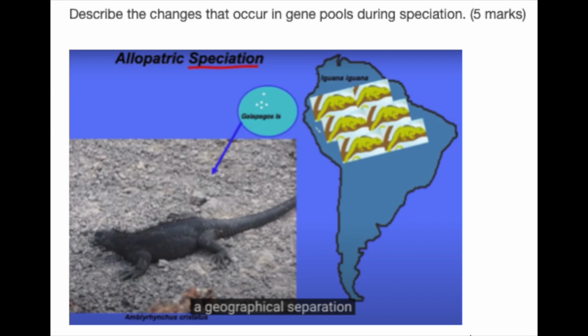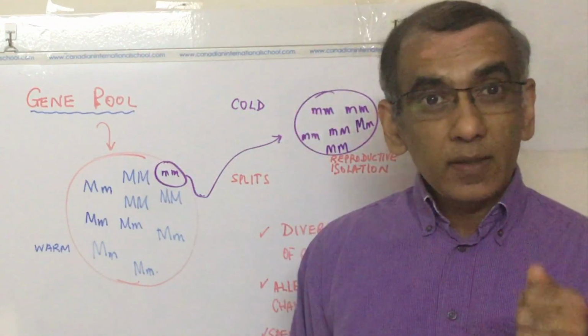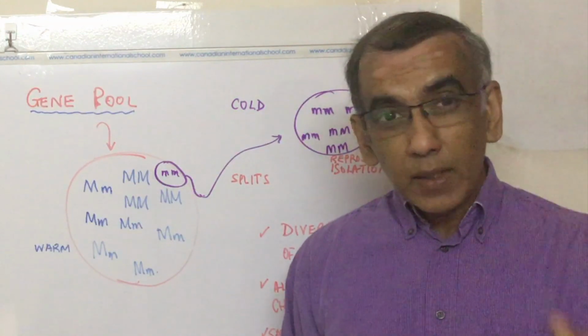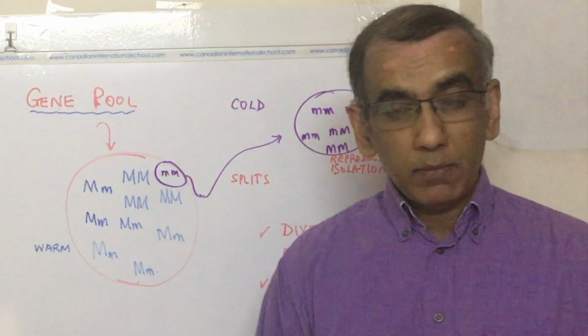Stop here and write your answer to this question. Now, this particular question provides an excellent example of one of the downfalls which affects many students as they go into the IB Biology exam.